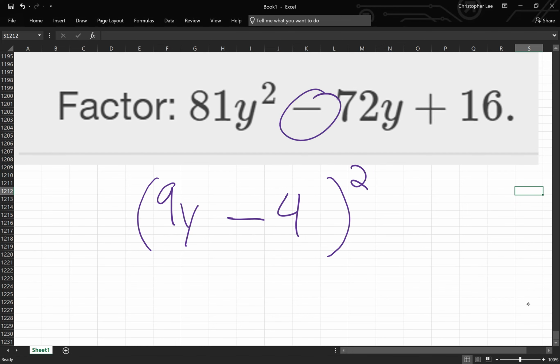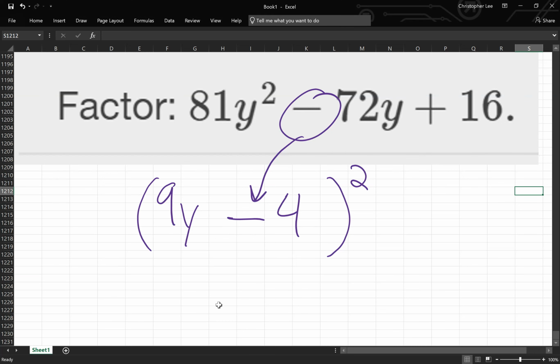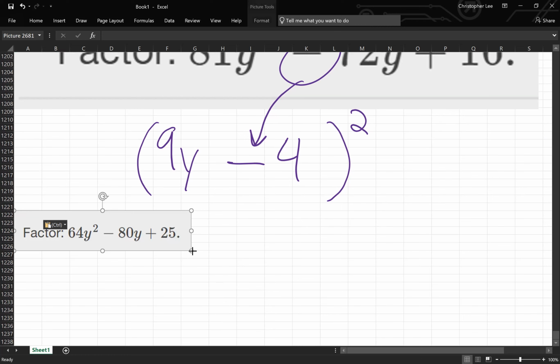The B term is negative. That's why. That simple. All right. When the first term, the A term, and the C term are perfect squares, then it works. But the AC method works for everything.